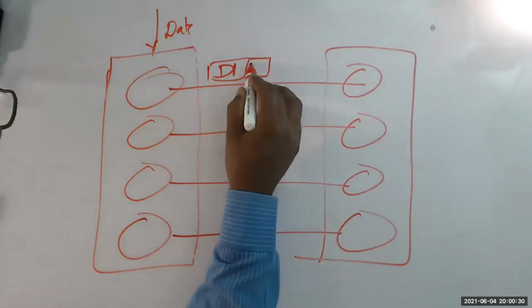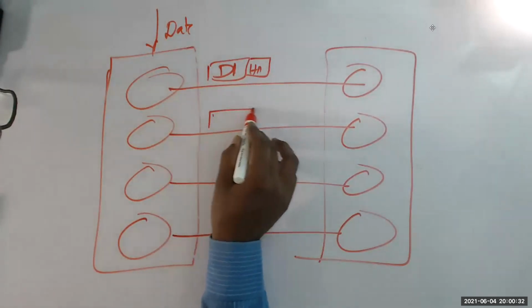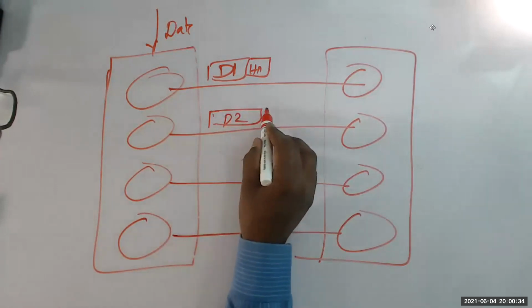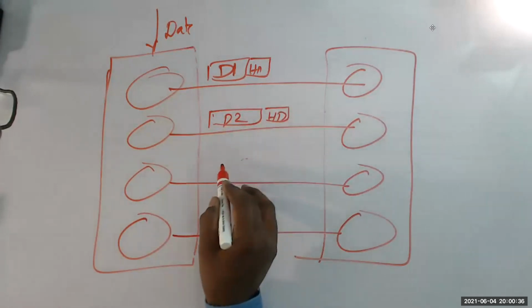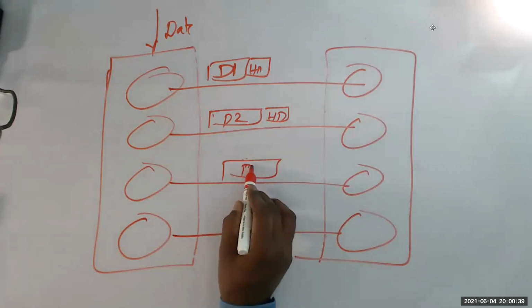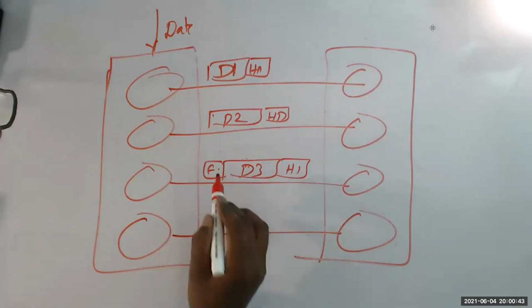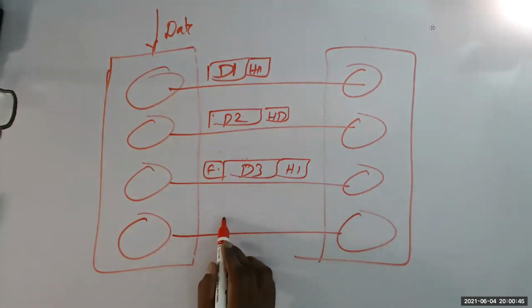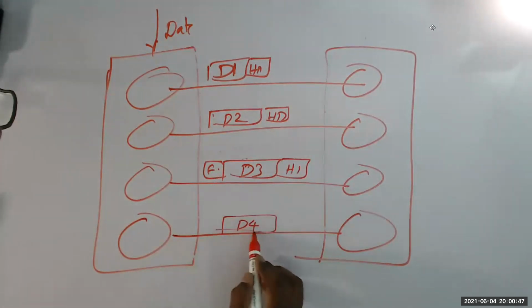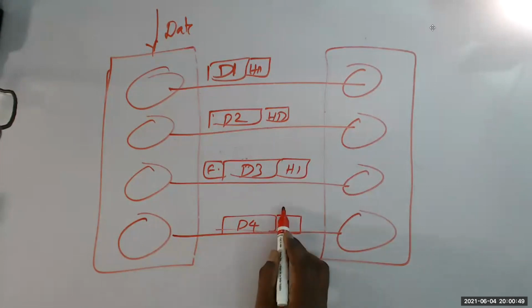I add a header, then it becomes D2. D2 and a header, then I get D3. I add a header and a footer, then I get D4. Then I add a header. That's your preamble and SFD.